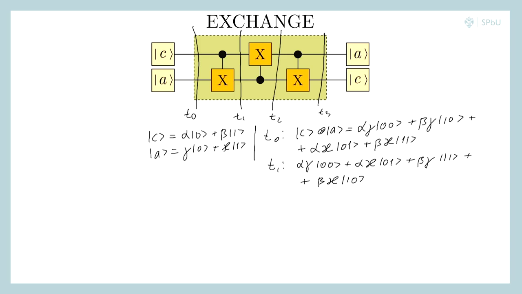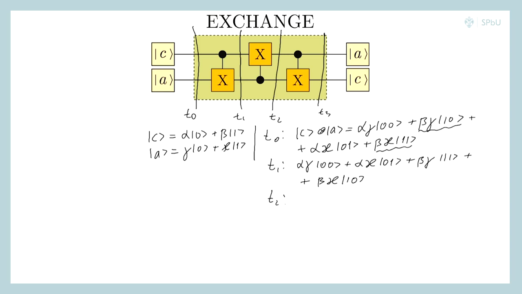So in comparison with the input state, we just flip the second bit value in this term and this one. The qubit C is the control qubit and the qubit A is the target qubit.